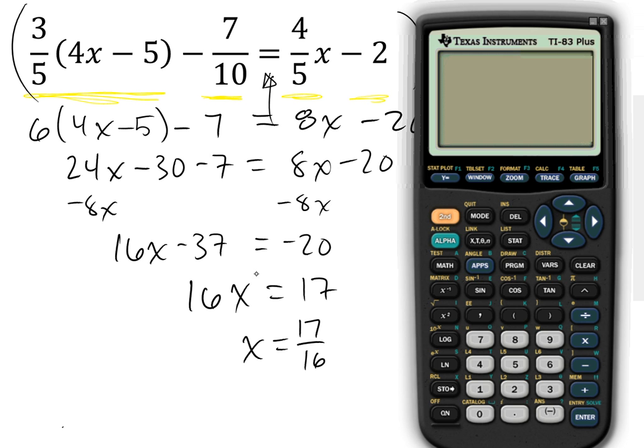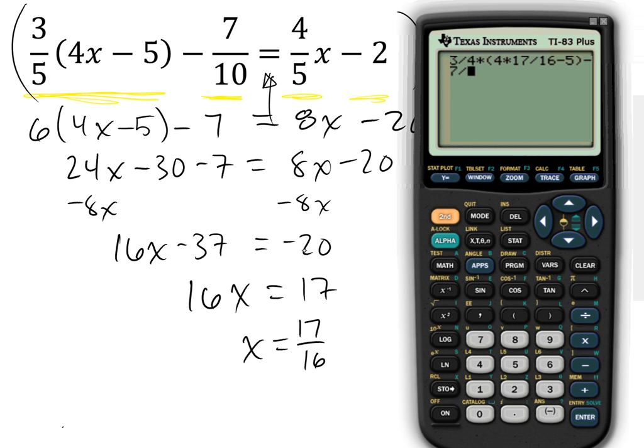So let's turn this thing on. We're going to go 3/4 times the quantity of, open some parentheses here, 4 times my answer of 17/16, and then minus 5. I'm going to close the parentheses. Oh, I forgot that I didn't pick up the 5. 17/16 minus 5. Close the parentheses, and then I'm going to subtract from that 7/10.